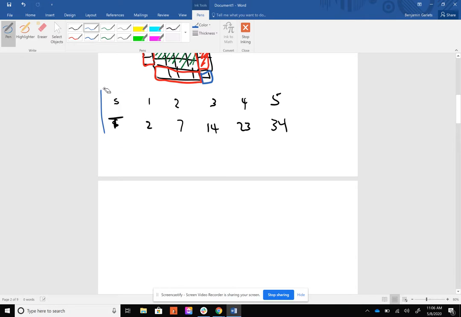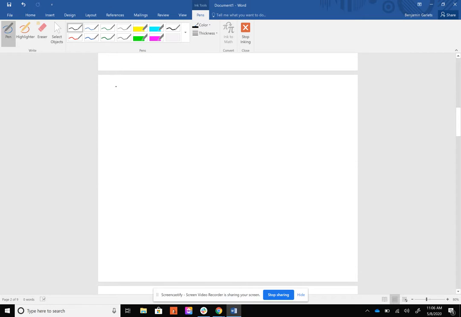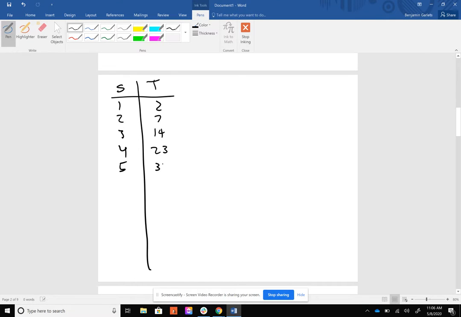So let's do that. I'm going to go up and down for this one. So my step numbers and my tiles. So I know that 1, 2, 3, 4, 5. And I've got 2 tiles, 7 tiles, 14, 23, 34.